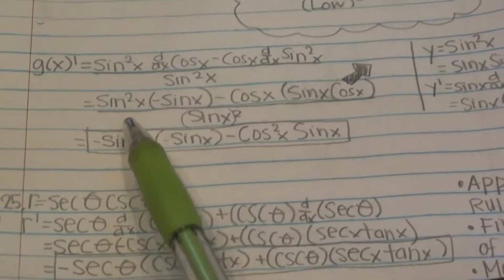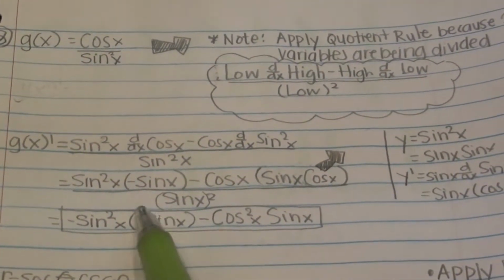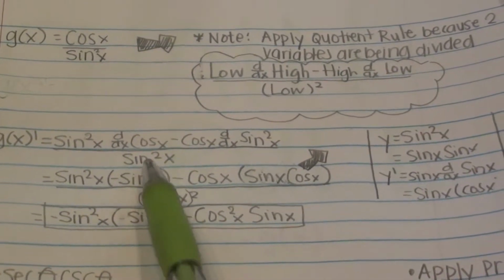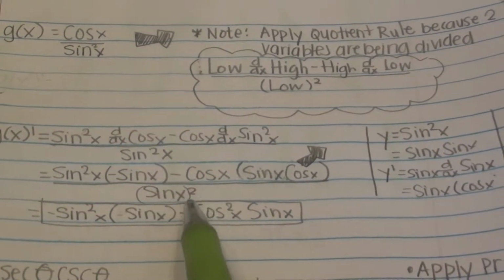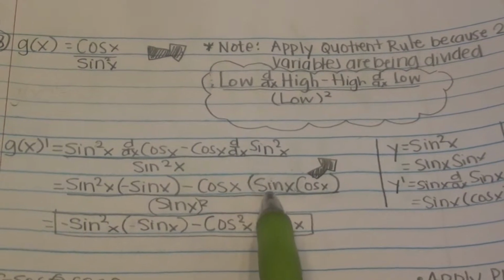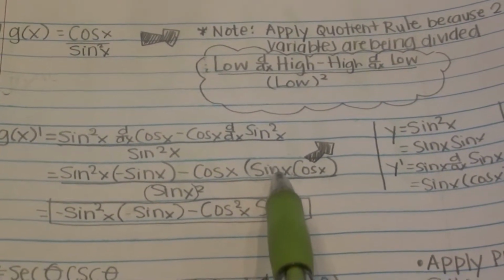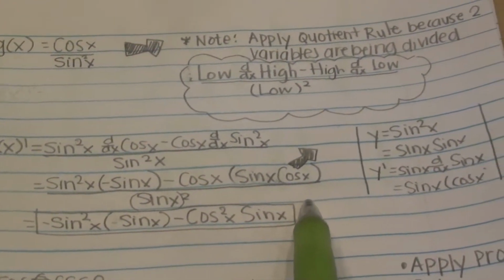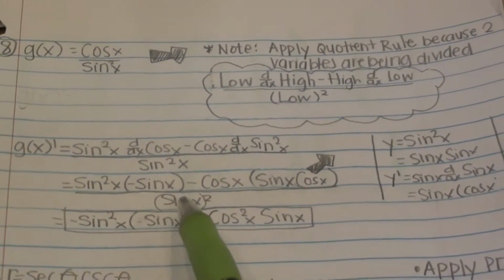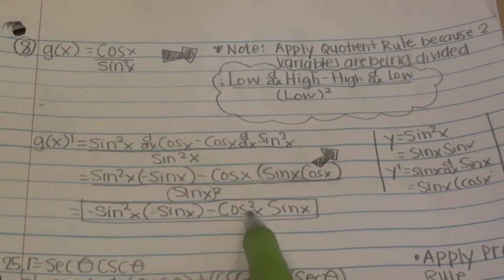Therefore, sine squared of x times negative sine of x, which I got from the derivative of cosine, minus cosine of x times sine of x times cosine of x all over sine of x squared.